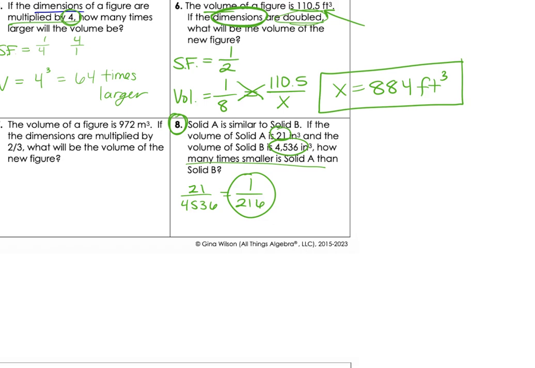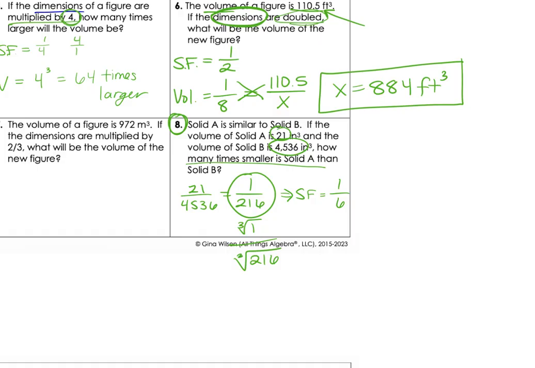That's volume, which means those numbers have been cubed, okay? So to undo that, to make it a scale factor, you're going to cube root that. So you're going to go the cube root of 1 and the cube root of 216. So it's a scale factor of 1 to 6.